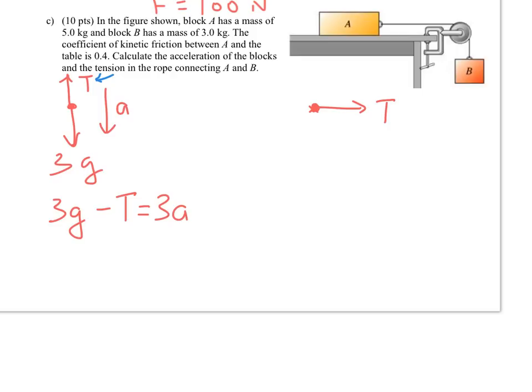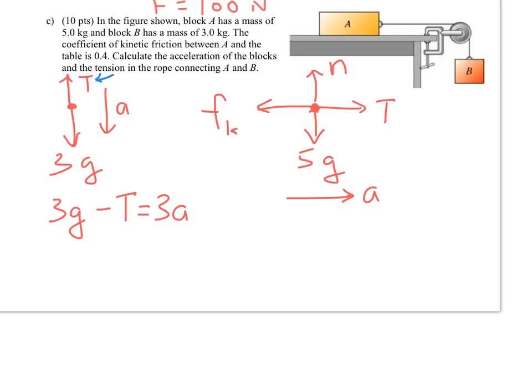And you have the weight of A, which is 5g. Because it's in contact with the table, it's got a normal force, which I call little n. And because it is rough, there's a coefficient of kinetic friction, and this body is accelerating to the right with acceleration a. Since it's moving to the right, there is a friction force, and this is kinetic friction.